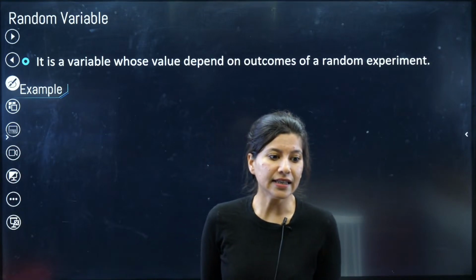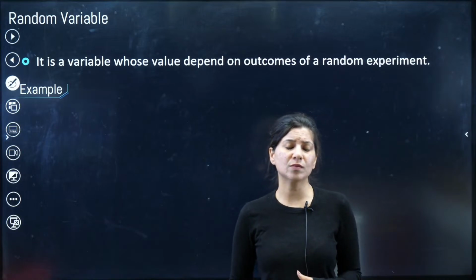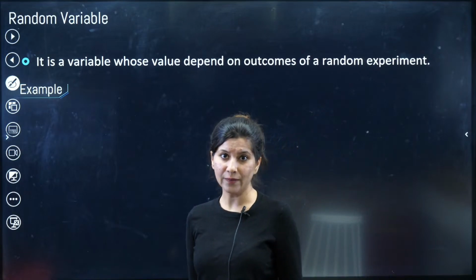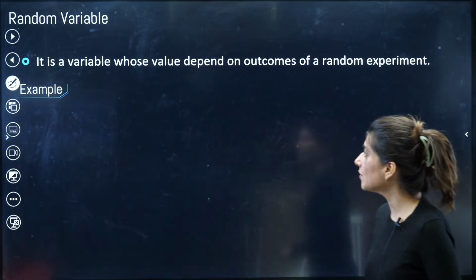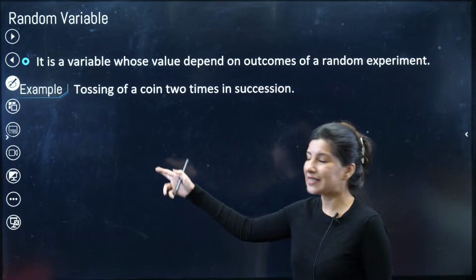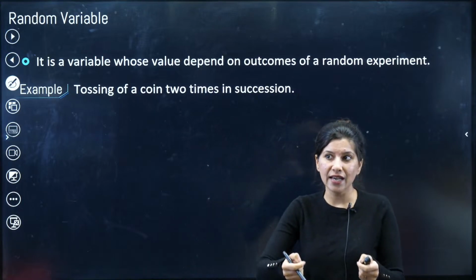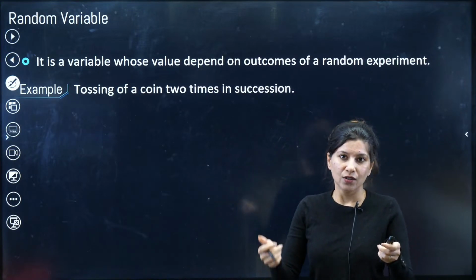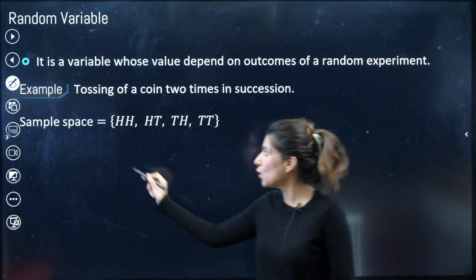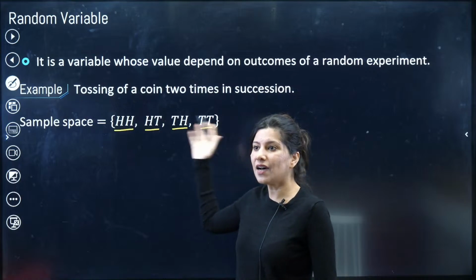In that, you might get an even number, an odd number, 1, 2, 3, 4, 5, or head or tail. Take tossing 2 coins together. If you toss 2 coins together, what happens? Both are heads, first head and second tail, first tail and second head, or both tails. These are the outcomes.